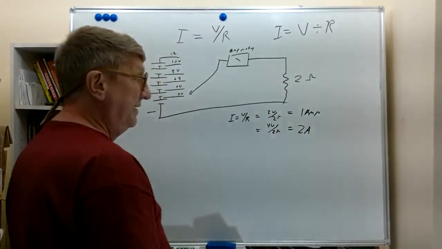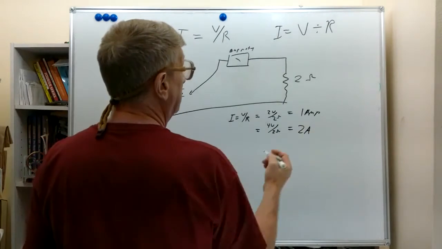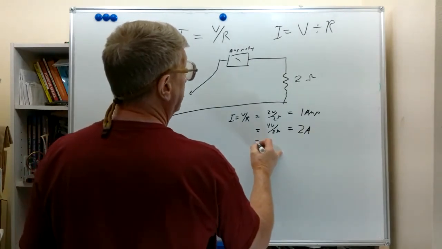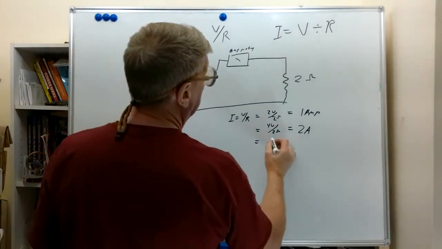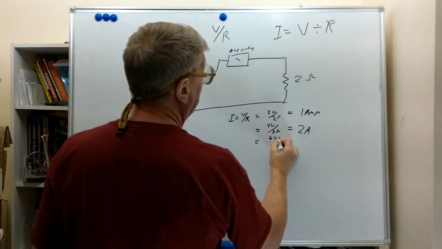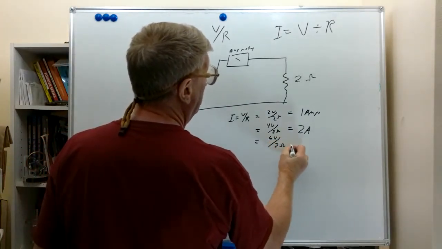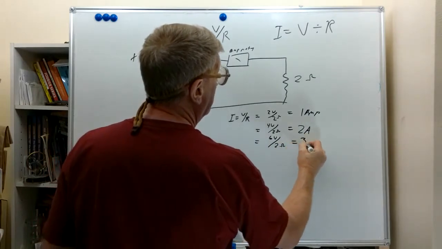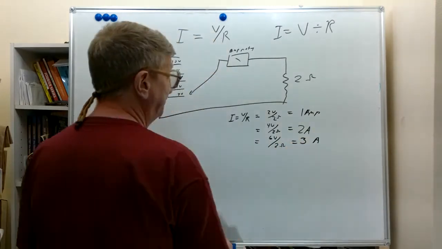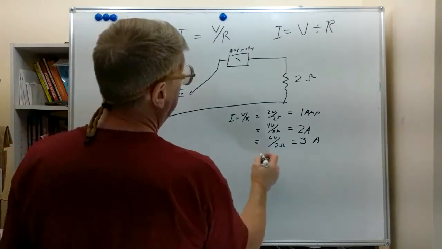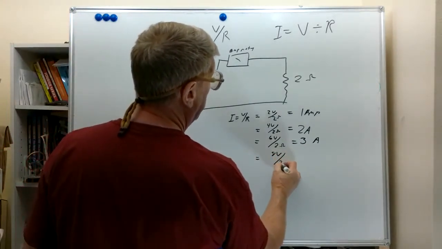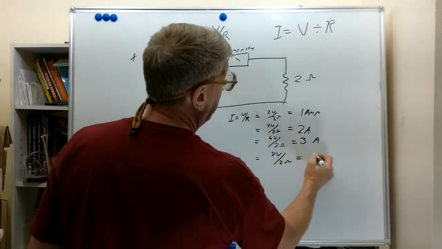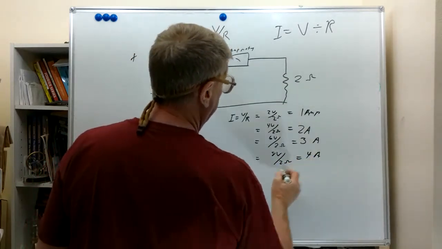We'll just use the big A to symbolize amps, or ampere. The next position, the 6 volt position, we would have 6 volts divided by 2 ohms. That would give us 3 amperes. The next position, 8 volts divided by 2 ohms would give us 4 amperes.